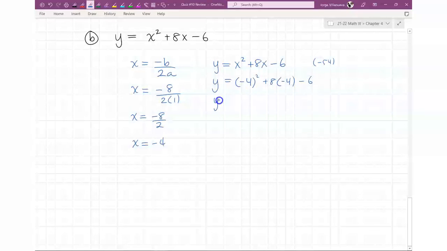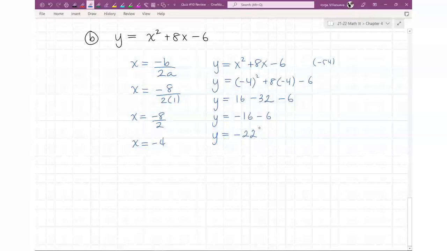All right. y equals -4 squared is 16, minus 32, minus 6. So 16 minus 32 is -16, minus 6. So I got a -22, unless I messed something up.